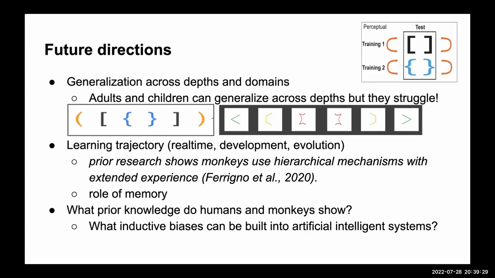And also, what kind of prior knowledge do humans and monkeys show? What inductive biases from them could we then extrapolate and feed into something like a simple recurrent network? Of course, there are more sophisticated AI models out there, but even if you stick with simple connectionist modeling, it would be interesting to see.